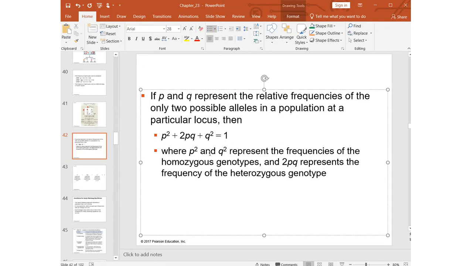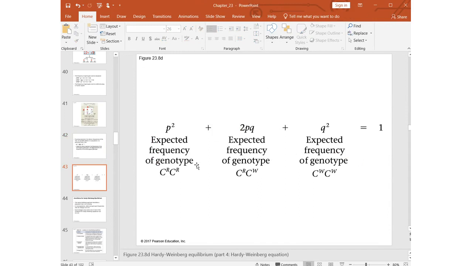Remember, p squared and q squared represent the homozygous genotypes, and 2pq represents the frequency of the heterozygous genotype in the population. So p squared is the expected frequency of the RR genotype, 2pq is the expected frequency of the RW genotype, and q squared is the expected frequency of the WW, homozygous white, genotype.